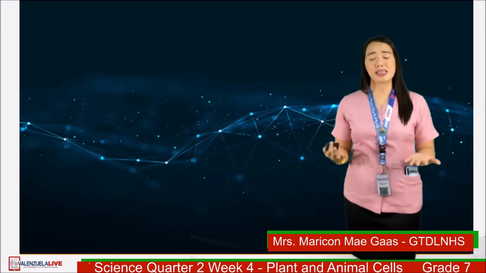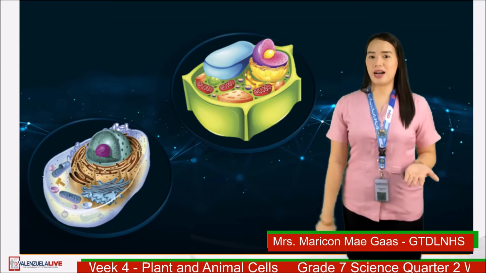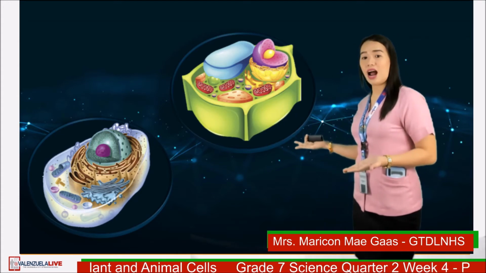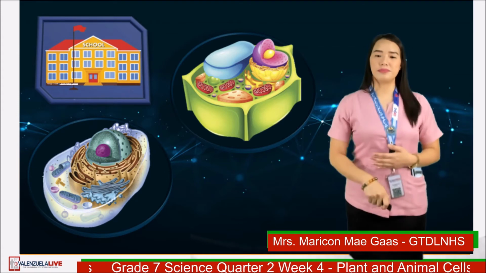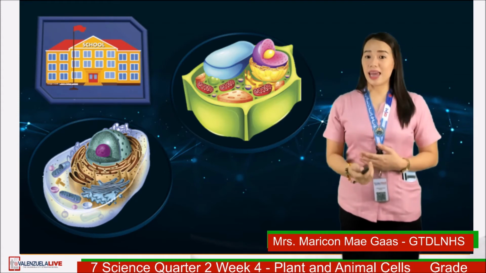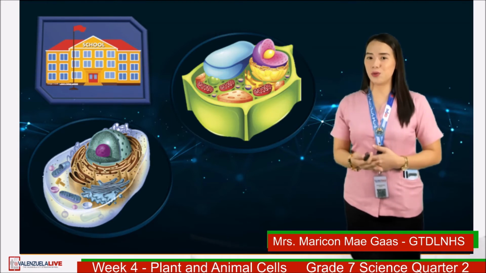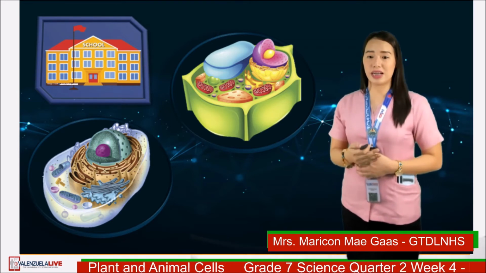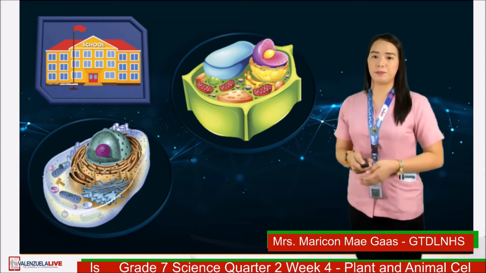Now, let me ask you this. How can you compare a cell or our cell to a school? A cell is like our school. Each part of the cell, like the school, has its certain responsibilities that must be done.